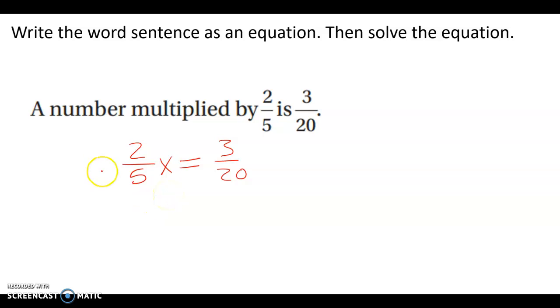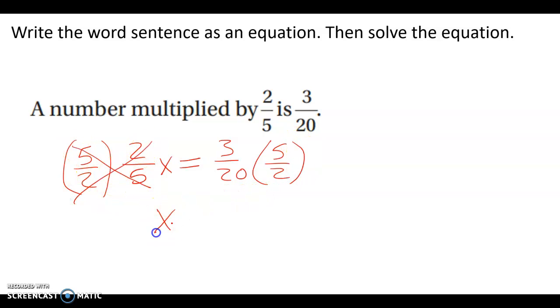Now to solve it, we multiply by the reciprocal. So the reciprocal would be 5 over 2. So I multiply this side by 5 over 2. I get x equals. So now my calculator, I would clear it out and go 3 over 20.